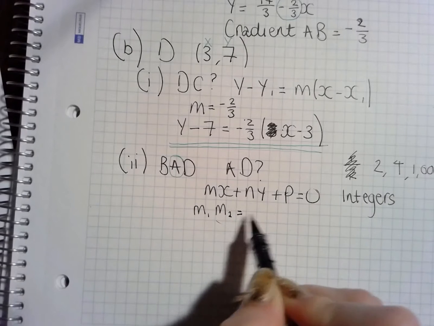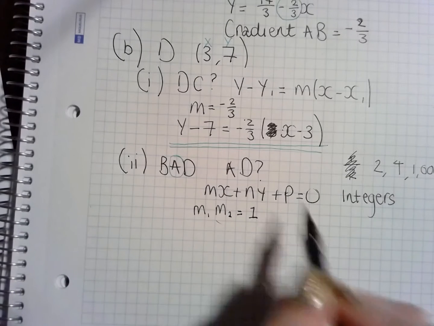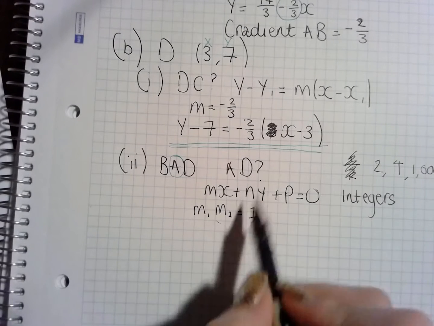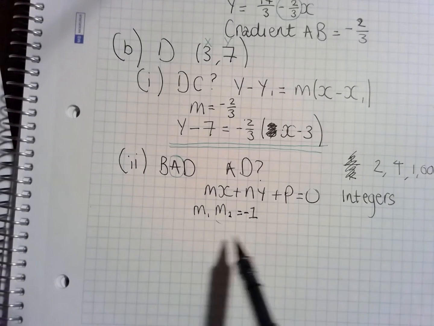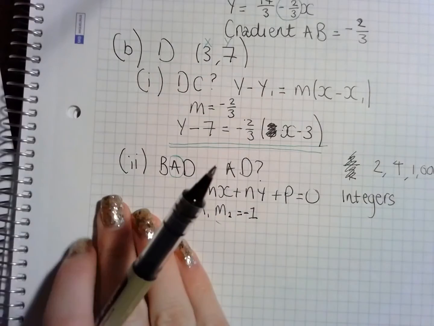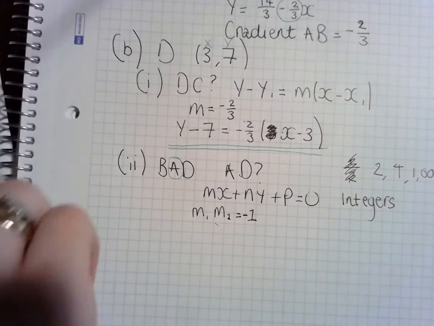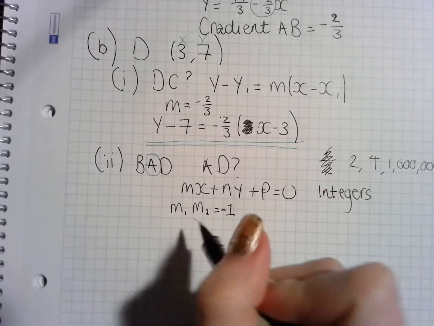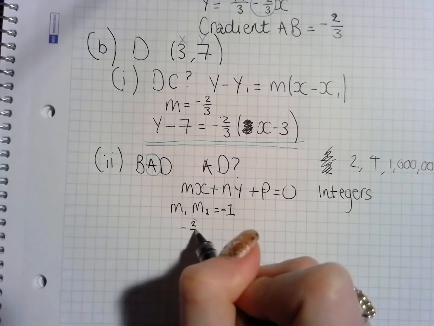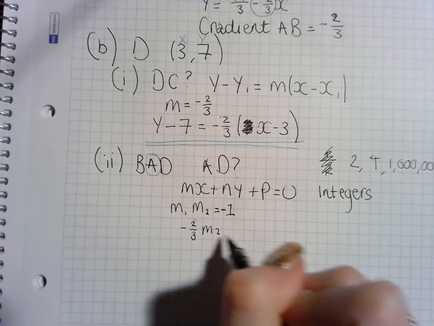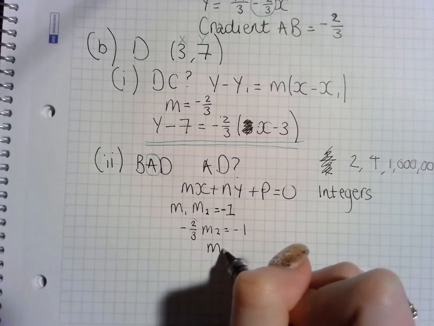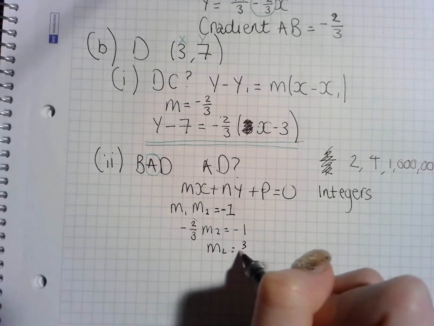It's always good to write these little formulas out as well because it shows that you understand. So this equals -1. We know the gradient of AB is -2/3. So if you plug this in, times M2 equals -1, then M2 equals 3/2.